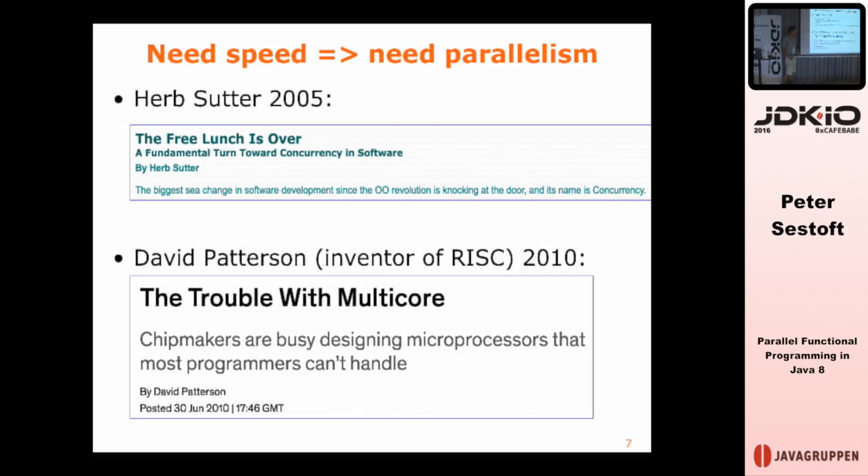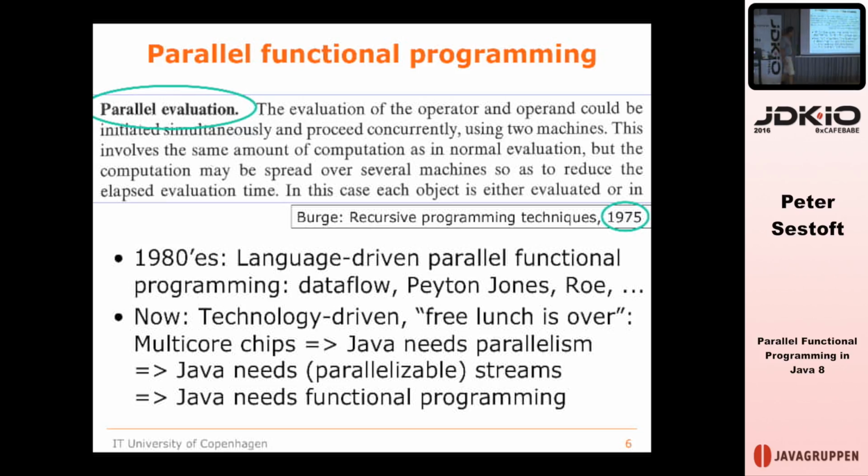And also an observation by David Patterson from Berkeley, the inventor of the idea of a RISC computer, reduced instruction set, says that the chip makers are now designing microprocessors that almost nobody can program because they have so weak memory coherence. There are lots of cores on the same chip, but they have very cheap, very weak cache coherence, and we basically need to be at a much higher level to program things well. And this higher level turns out to be Java.